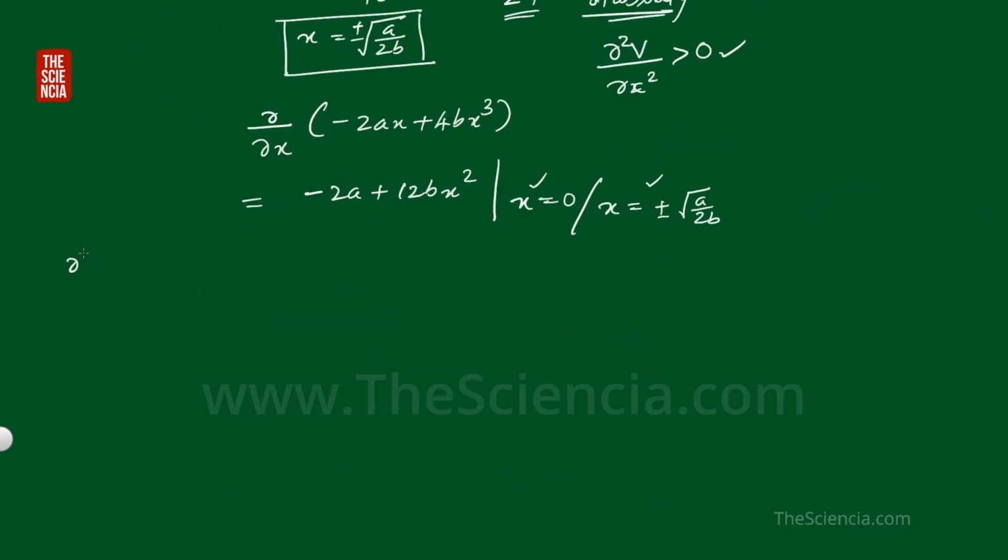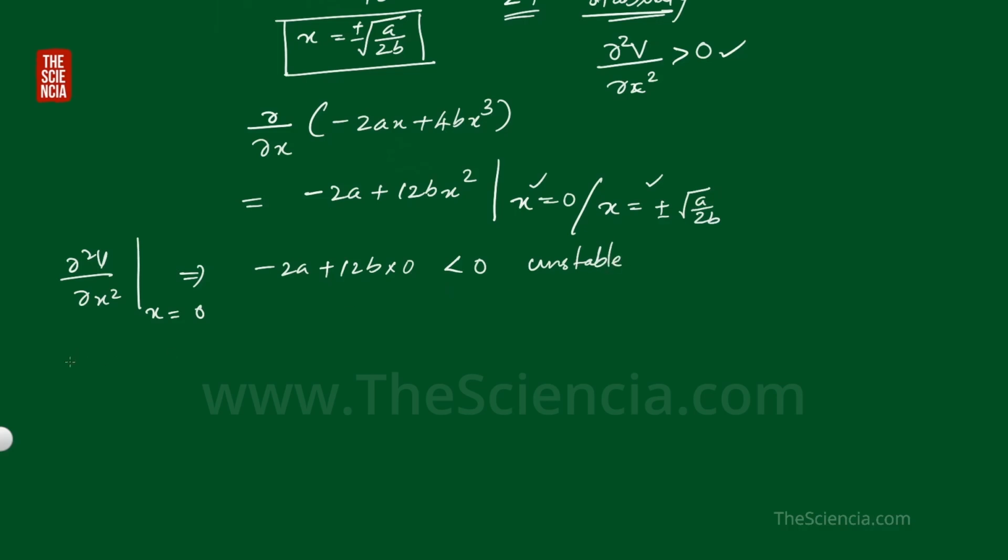That is ∂²V/∂x² at x = 0. First we take x equal to 0, that is -2a + 12b × 0. So this one is a negative value, so this is an unstable equilibrium point.